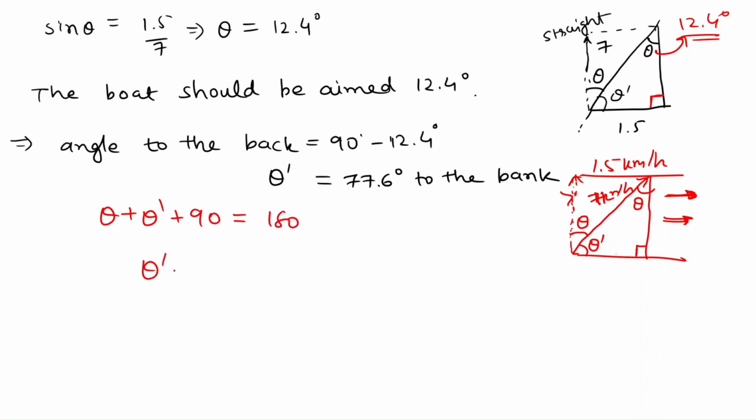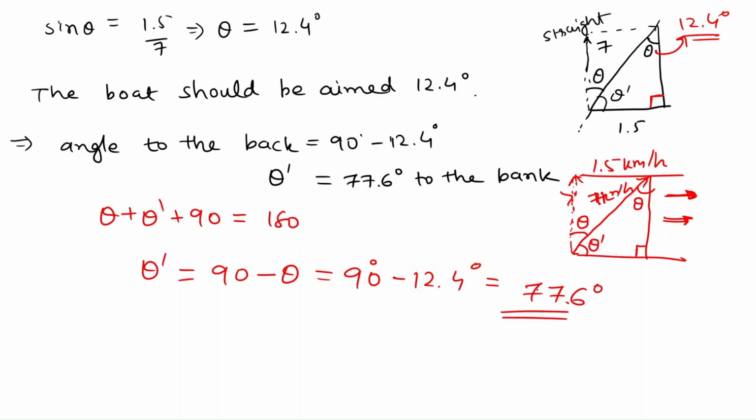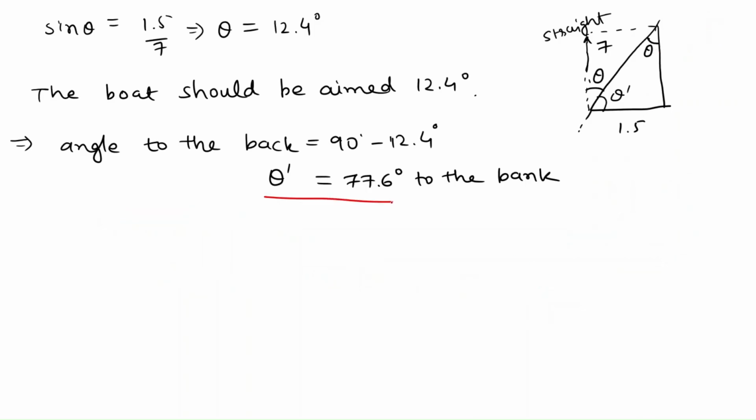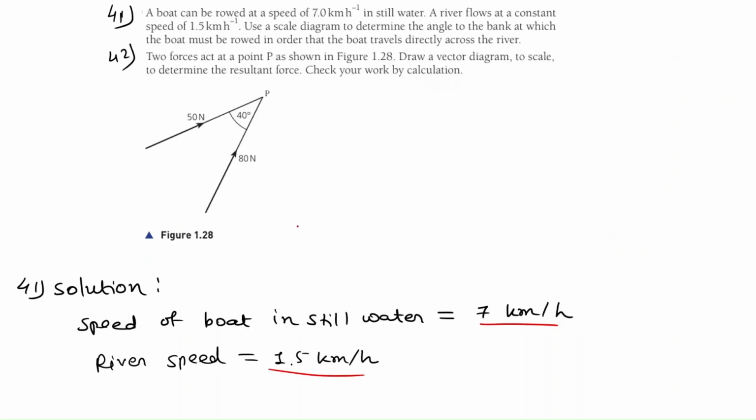So from this, theta prime means 90 minus theta, 90 minus 12.4 degree, which is 7.6 degree, which is asked in our question. The angle to the bank at which the boat must be rowed in order to traverse directly across the river.